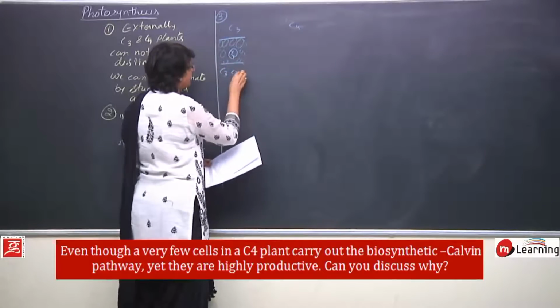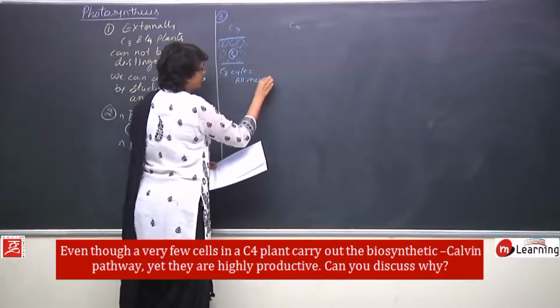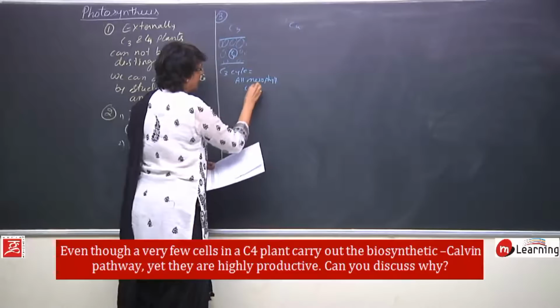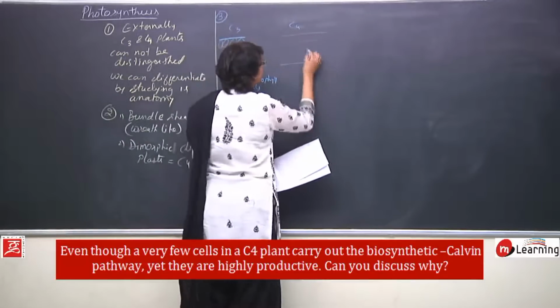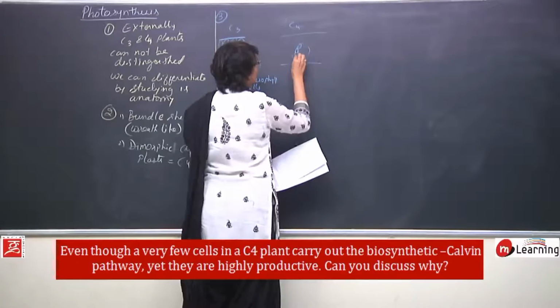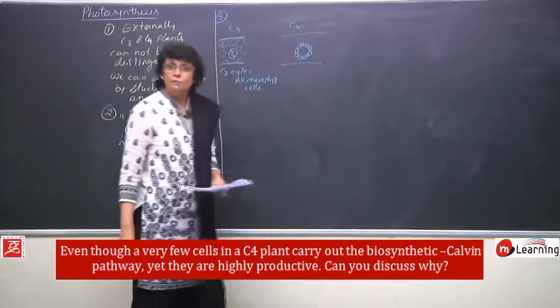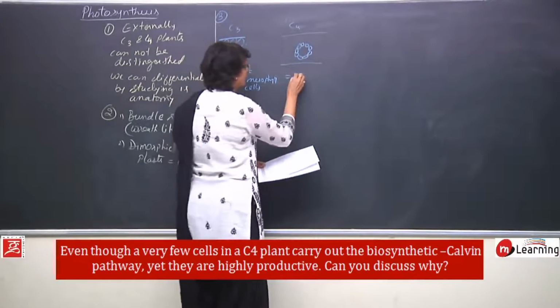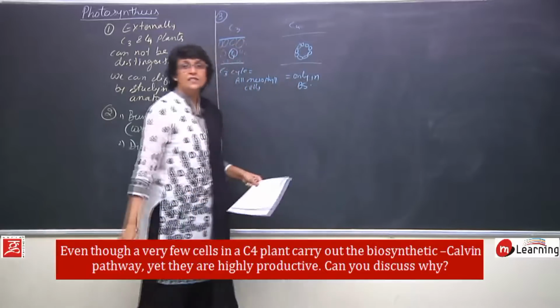That is, the C3 cycle takes place in all mesophyll cells. Whereas in C4 plants, the C3 cycle takes place only in the bundle sheath. So the C3 cycle is only in bundle sheath cells.